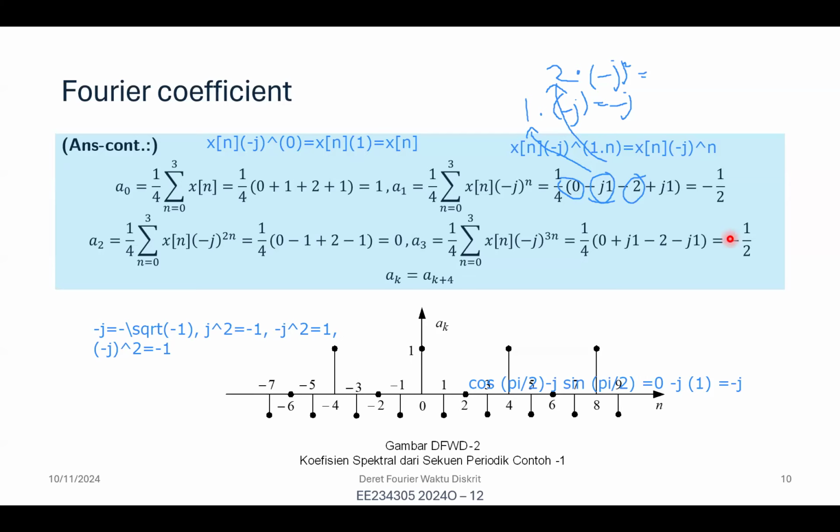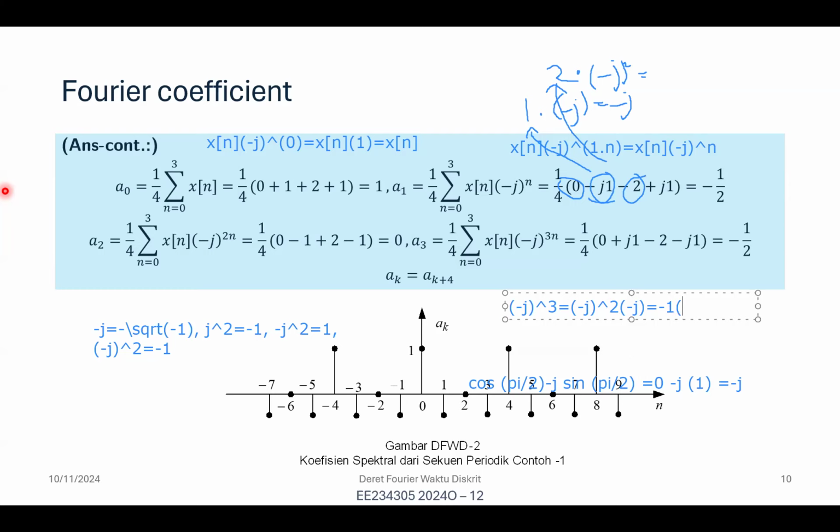And for the fourth term, we have minus j to the power of 3, since it starts at 0. Minus j to the power of 3 is like minus j squared times minus j, where the squared part is minus 1.